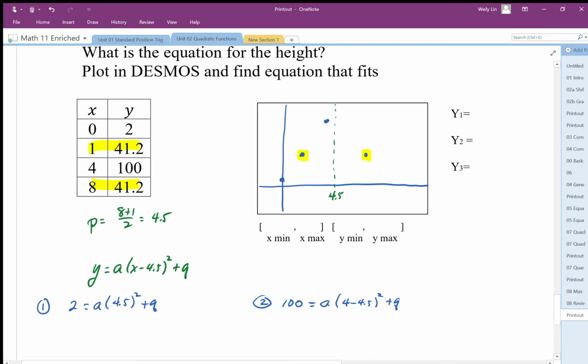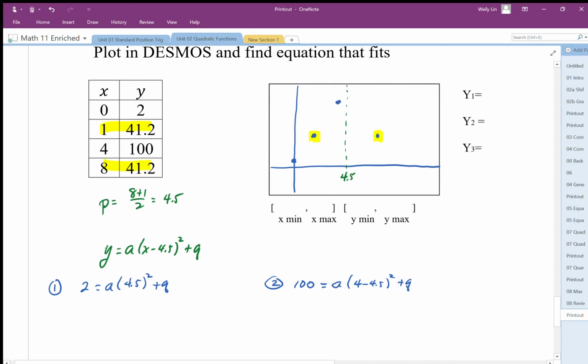Okay, so then we can work this out. 4.5 squared is 20.25. So we end up with 2 is equal to 20.25a plus q.